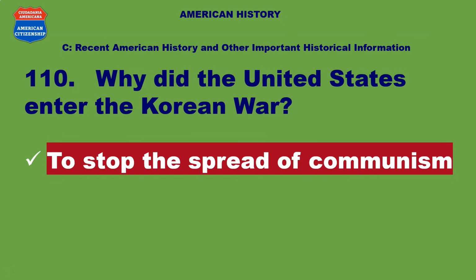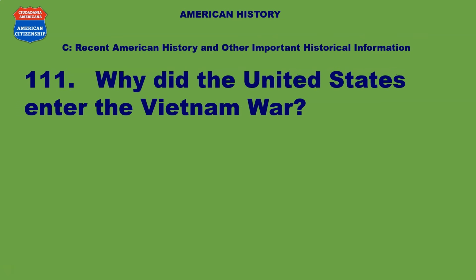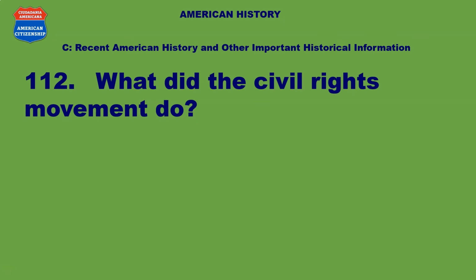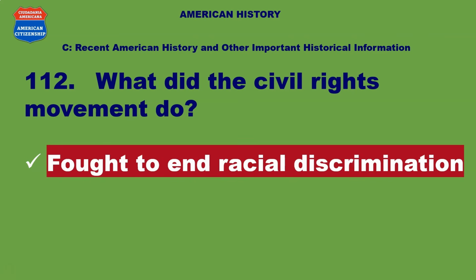To stop the spread of communism. Why did the United States enter the Vietnam War? To stop the spread of communism. What did the Civil Rights Movement do? Fought to end racial discrimination.